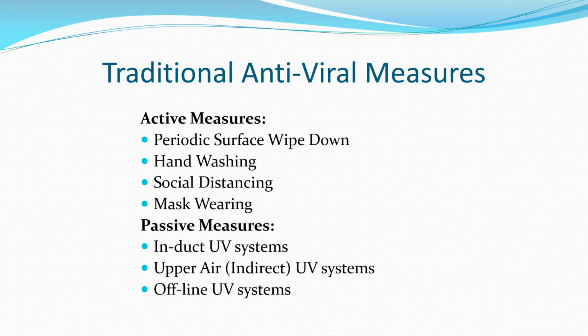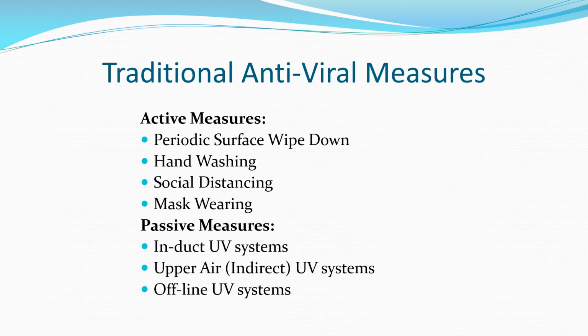Since the air velocity in the duct is quite high, the UV lamps must be properly sized, meaning quite a few of them and a lot of power to be effective in inactivating airborne viruses.